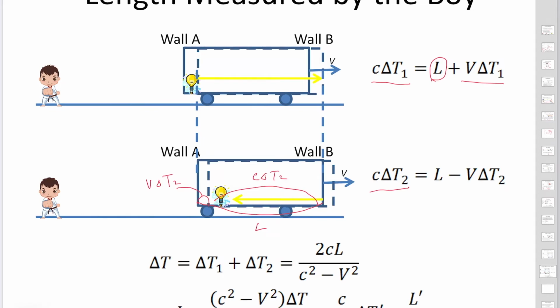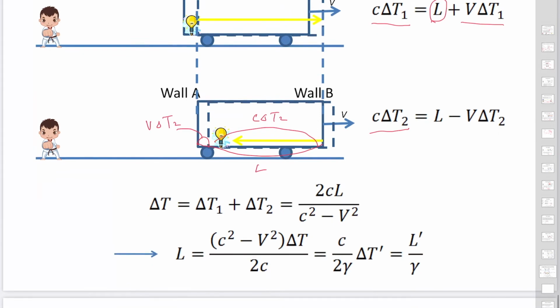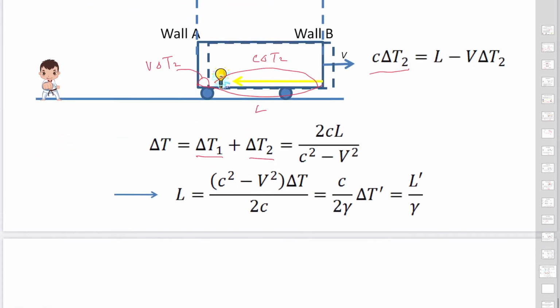So from these equations, you can calculate delta T sub 1 and delta T sub 2. So it becomes 2CL over C squared minus V squared. From this equation, you can express L. L equals C squared minus V squared times delta T over 2C.